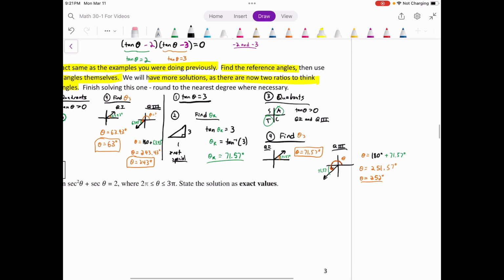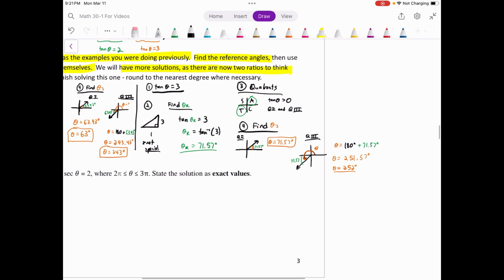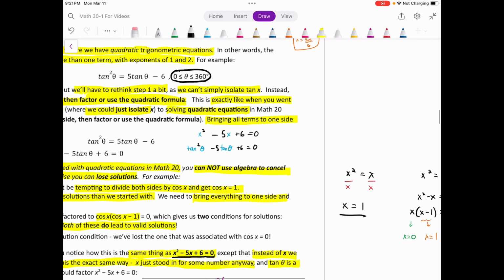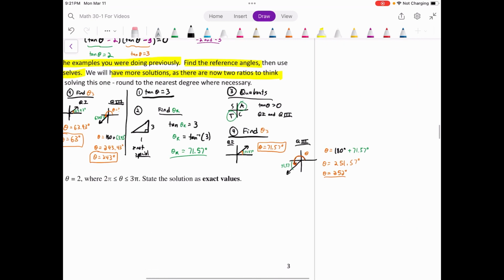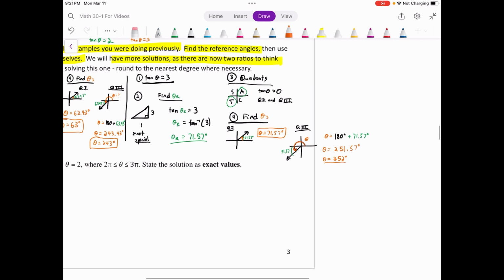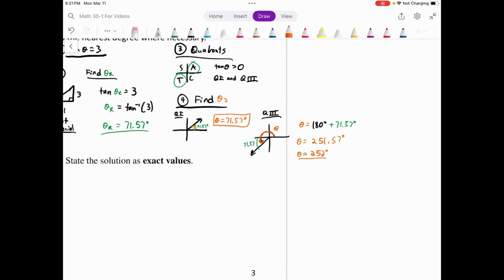I've gone from 0 to 360 all the way around, and that's all I actually wanted to include. I don't want to include another full rotation, like 63 plus another 360. That will be a solution, but it won't be a solution within this domain, right? We were limiting theta to just one rotation. We call these the principal solutions again, right? The ones that are within one rotation from 0 to 360.